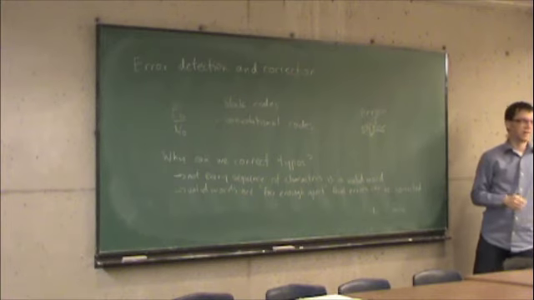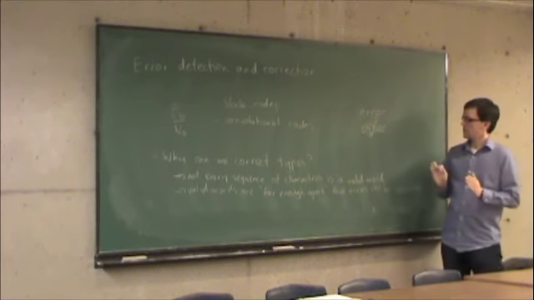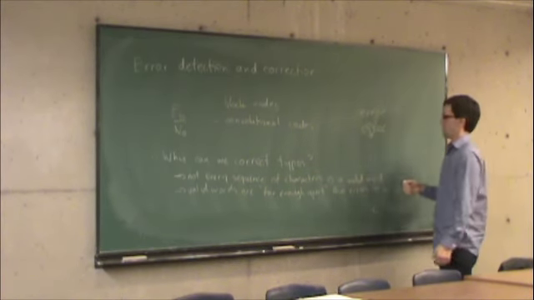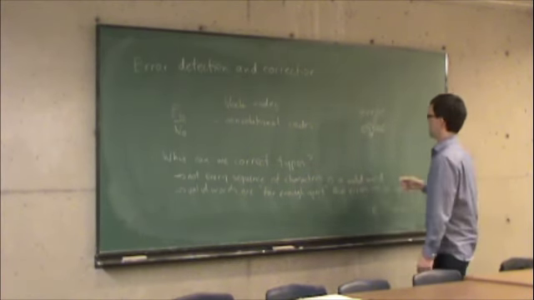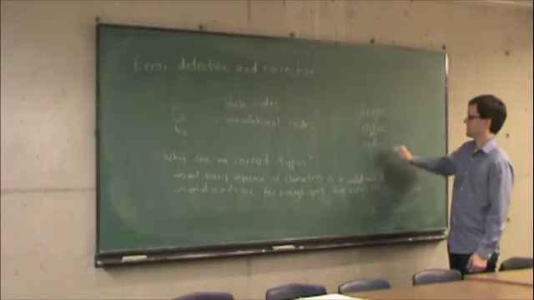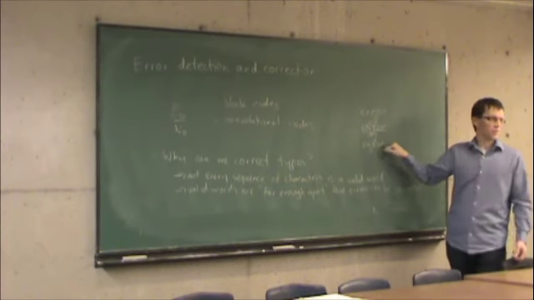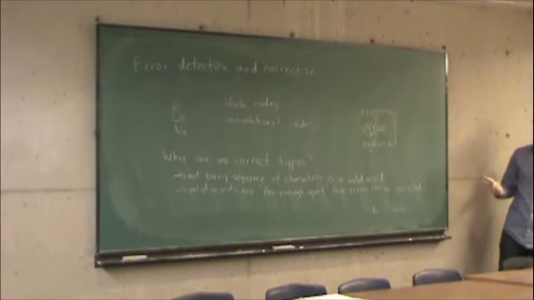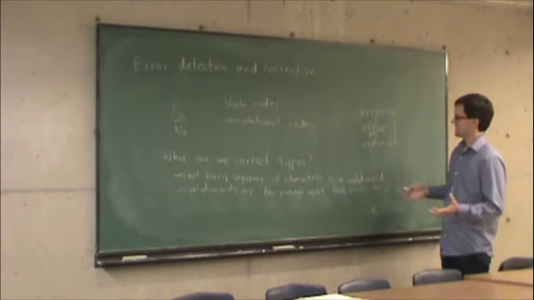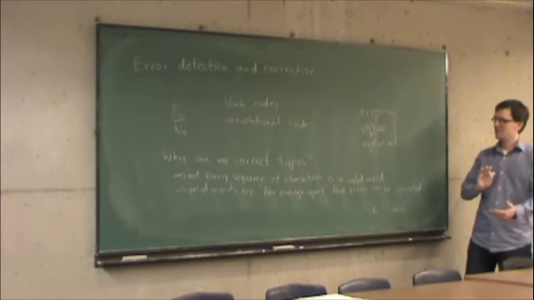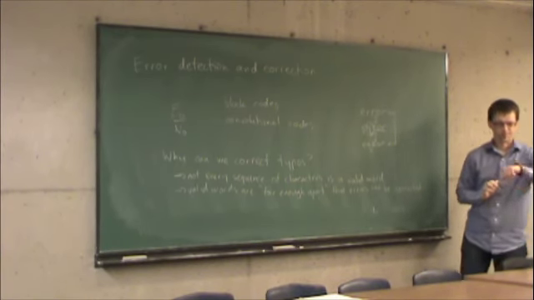Furthermore, if sufficiently many sequences of 5 letters were valid words, then this might be close to a third valid word. Let's say this is also a valid word. Then I would be able to tell that an error had happened, but I wouldn't be able to tell whether it was this one or this one. So that's the fundamental idea of error correction. Basically what we want to create are sequences of letters in our alphabet that are sufficiently far apart that if an error happens, that error is still close to a code word.